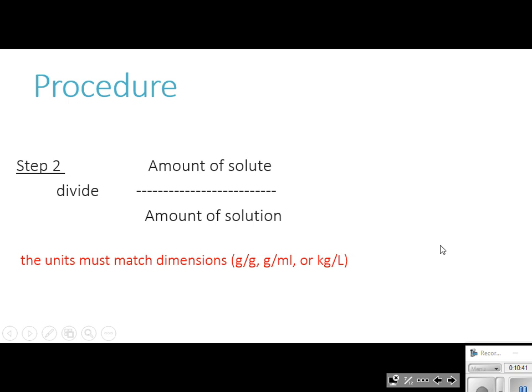Step 2 is to divide the amount of the solute by the amount of solution. And the units must match the dimensions.